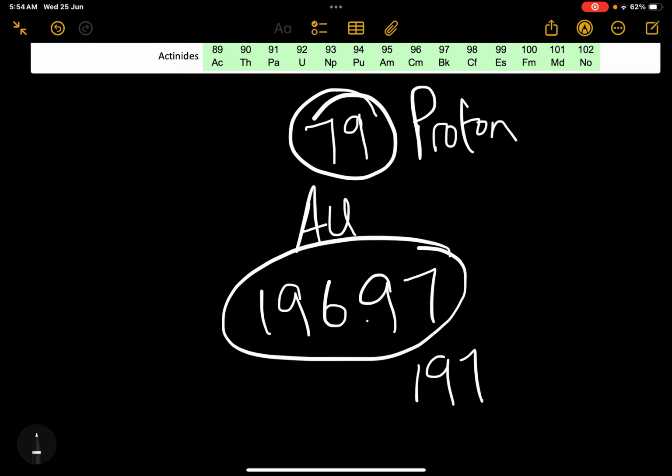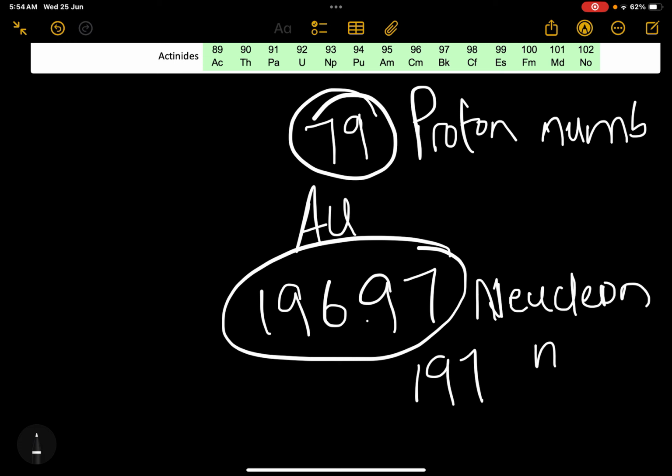Proton number, I'm just going to write it in short form. To find out the number of neutrons in gold, you have to subtract the two numbers.